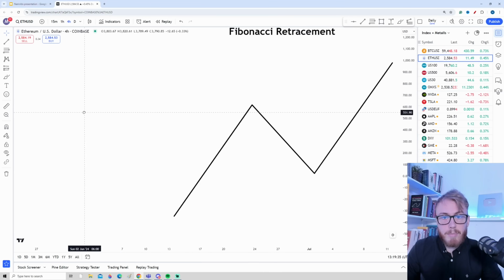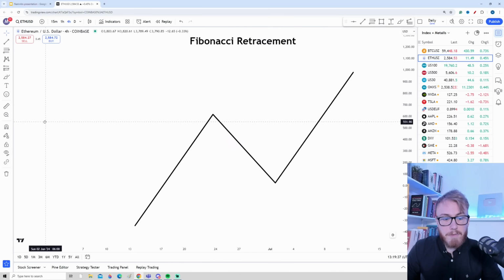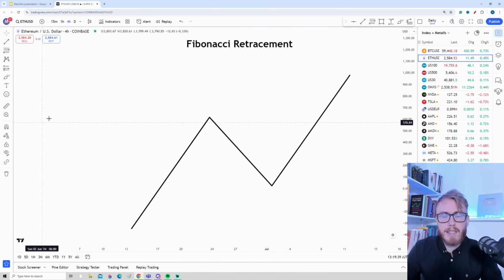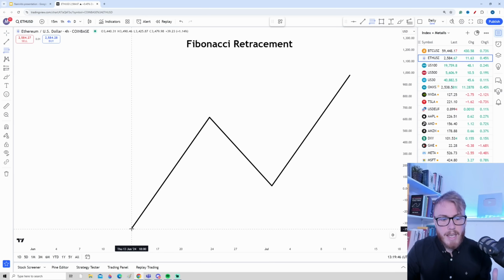But now let's go back to the fundamental trend pattern and take a look at what these percentages actually mean. Let's once again make sure that we select the Fibonacci tool. First of all, to draw your Fibonacci retracement, you want to start it at the low of an impulsive move.